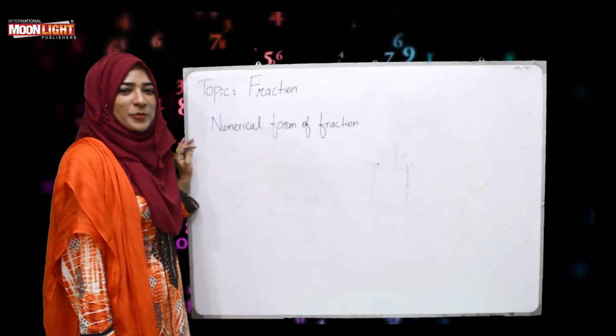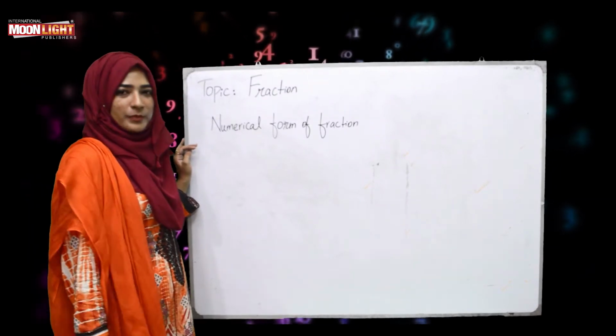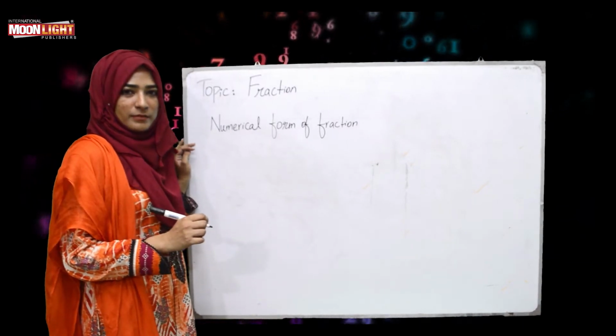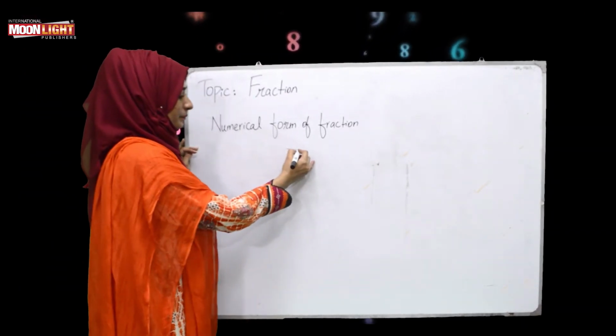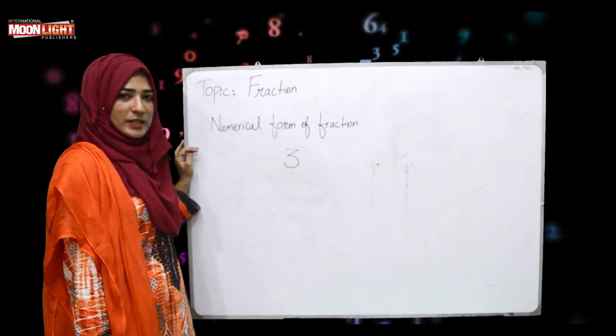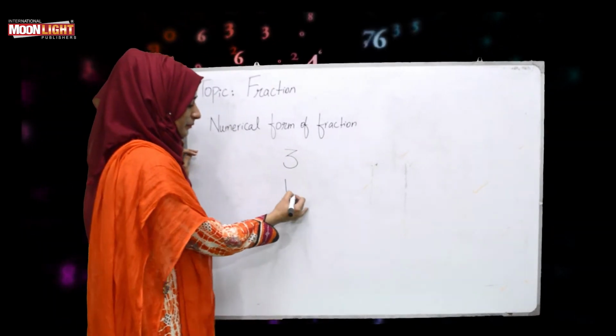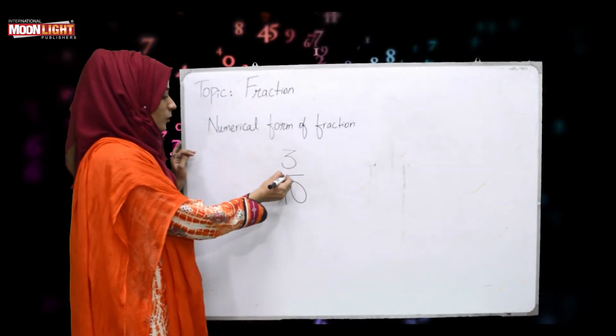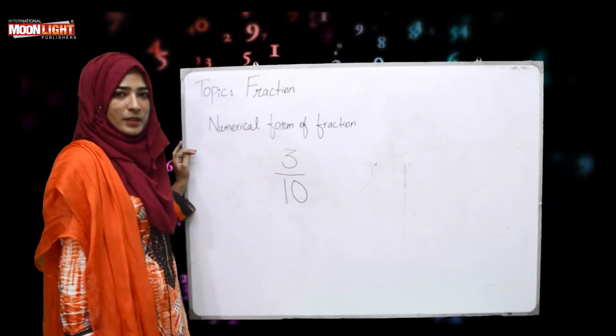Now let's write our pizza fraction into numerical form. Do you remember how many slices your friend has eaten? There were 3. And the total number of slices of pizza was 10. Here I am drawing a small line which separates these two numbers.